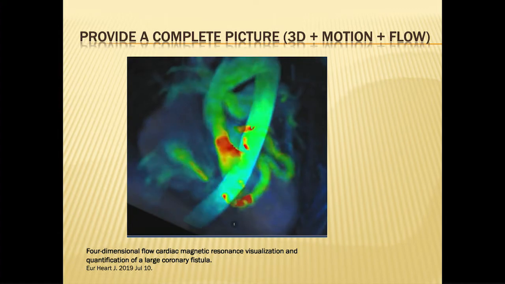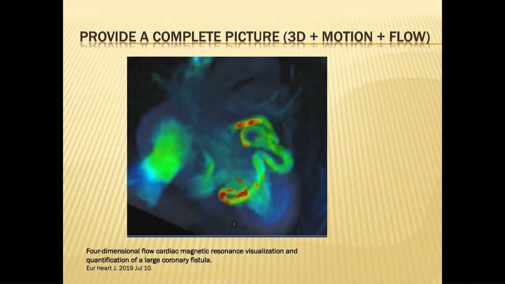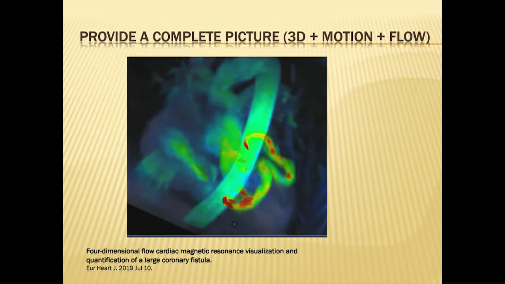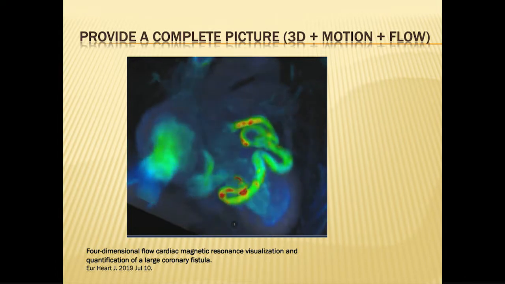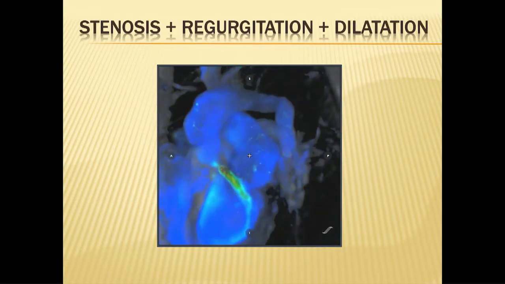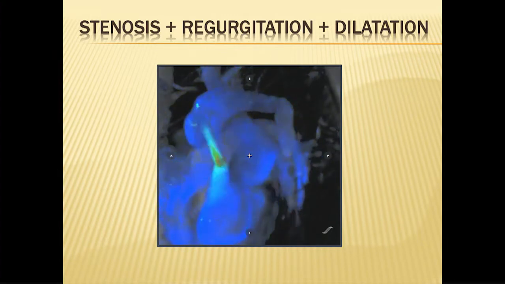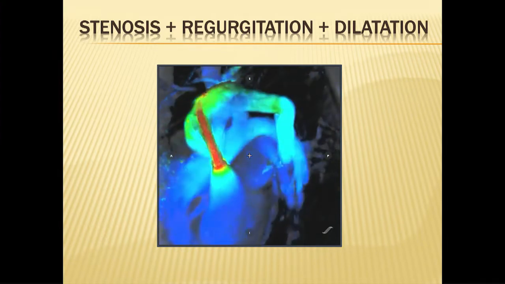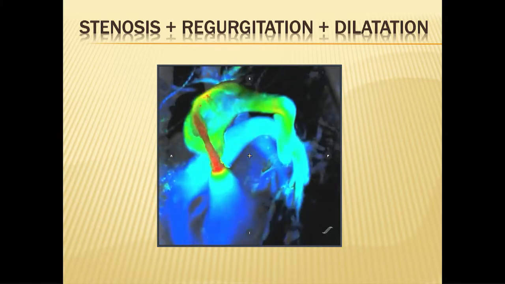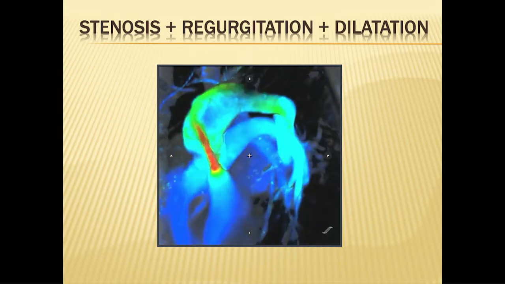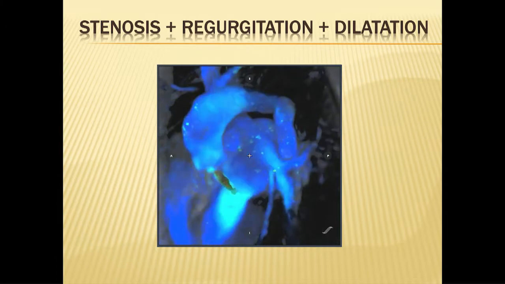You just need this picture without any additional information. This is really the visual aspect of 4D flow. You have a lot of visual information, and you make a lot of diagnoses just by looking at the image without quantification.